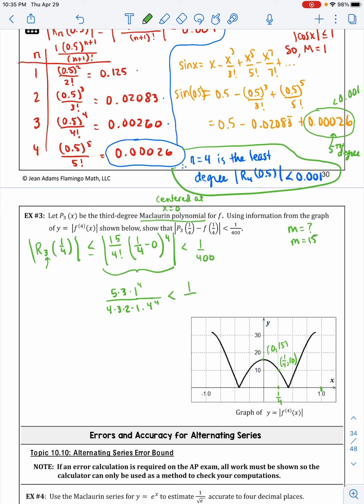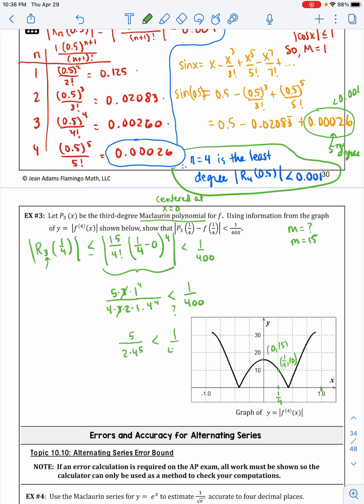So this would be 4 to the 4th in the denominator. I'm not going to worry about the 1 to the 4th. If you wanted to write it, it's fine, but we don't need to. And we're trying to see, is this less than 1/400? That's what we're hoping, because that's what we need.